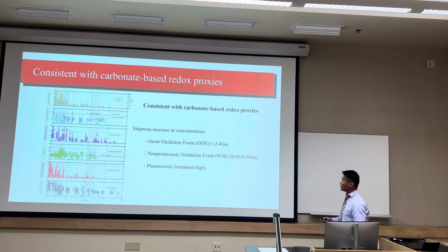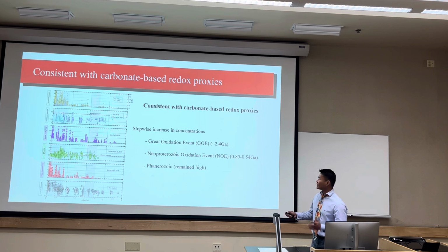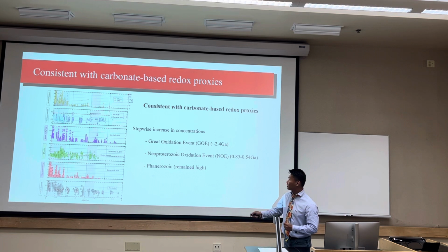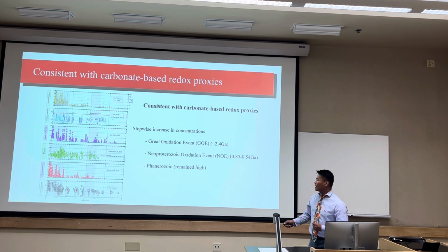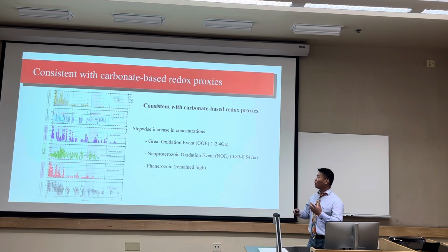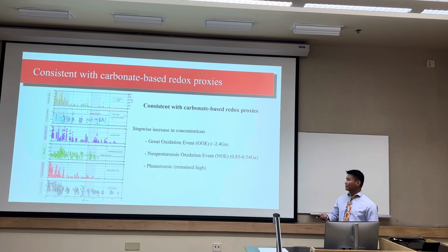They show an increase of concentration during the oxidation event, right here, a spike of increase. The second rise would be the Neoproterozoic oxidation event. During the Phanerozoic, all the concentrations remain high because of the relatively more oxygen available in the system.